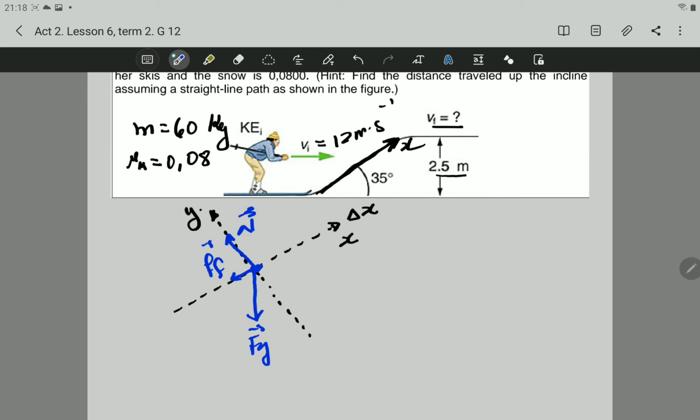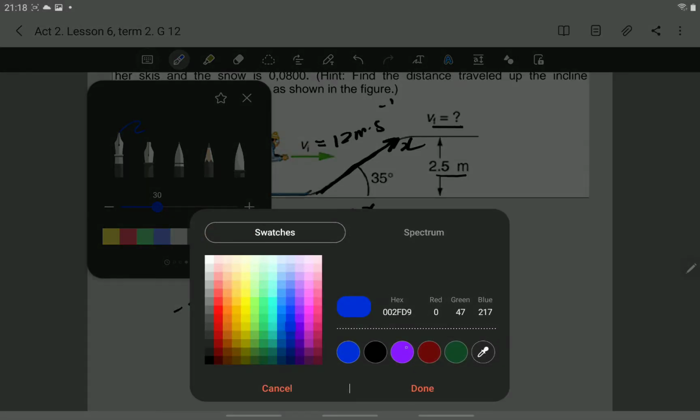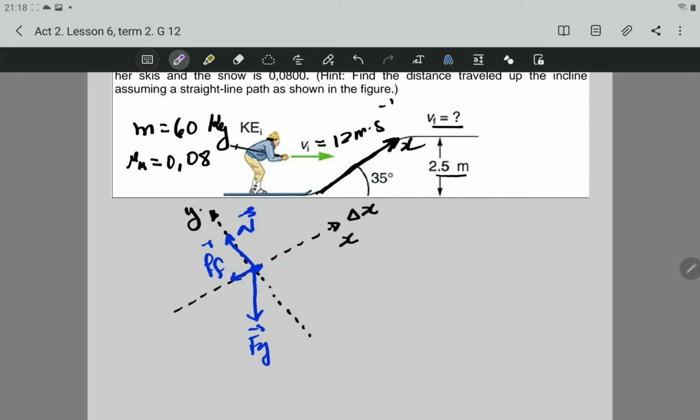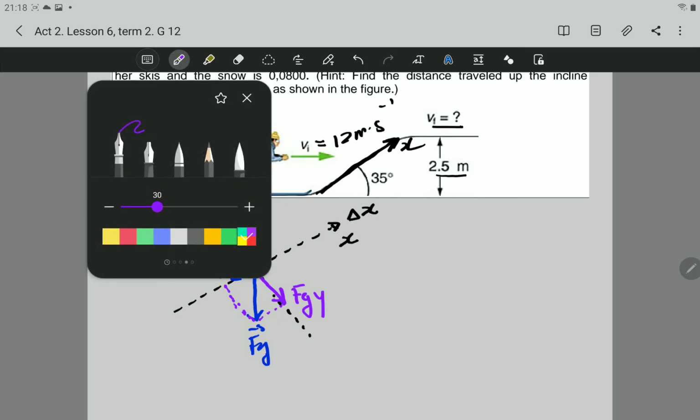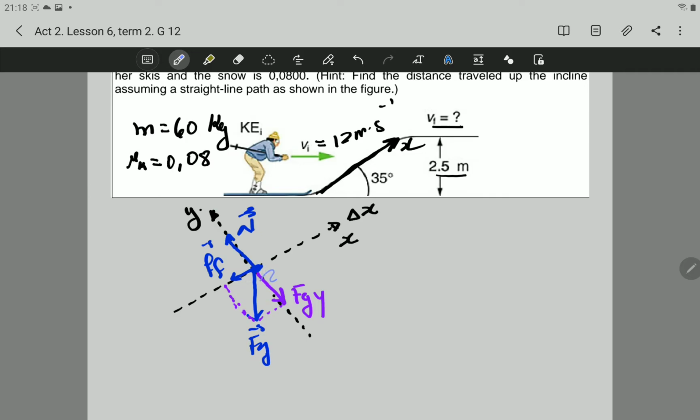Now, as in previous videos, the gravitational force is not in any of the axes, so we have to break it into components along each axis. In the y-axis, you have the component of the gravitational force, also called the perpendicular component. This angle here is the angle of inclination, 35 degrees.